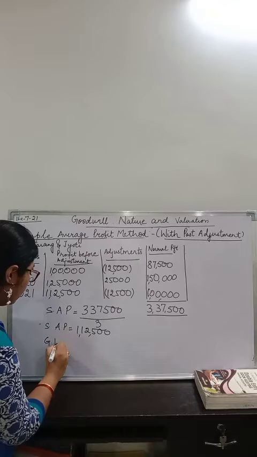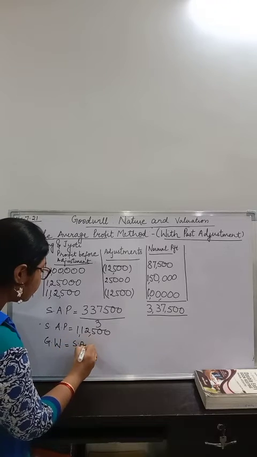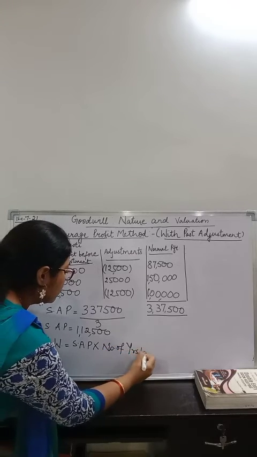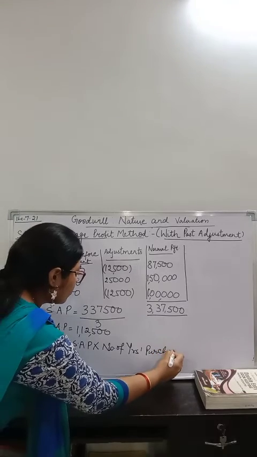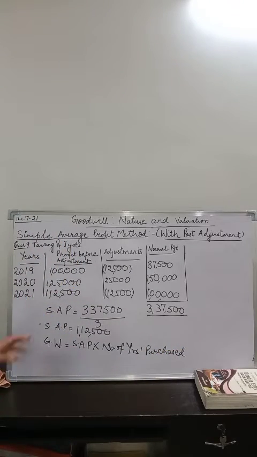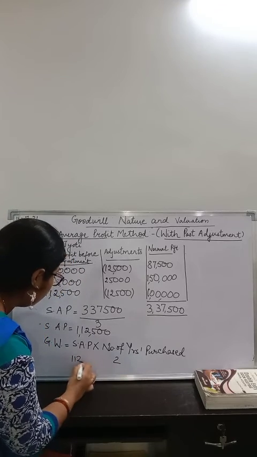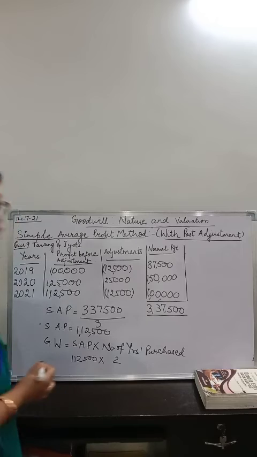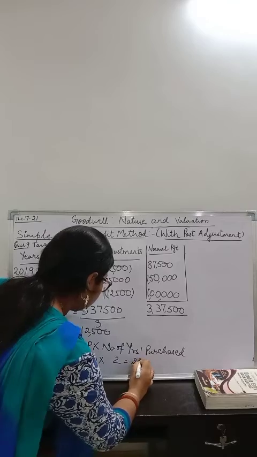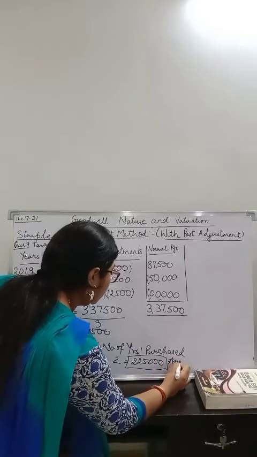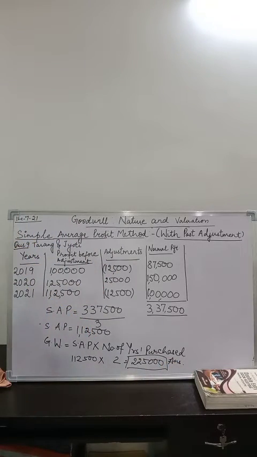The same old formula: goodwill is equal to average profit multiplied by number of years purchased. Here the number of years purchased is 2. So 1,12,500 into 2, and the amount becomes 2,25,000. So this is your amount of goodwill for this firm of Tarang and Jyoti.